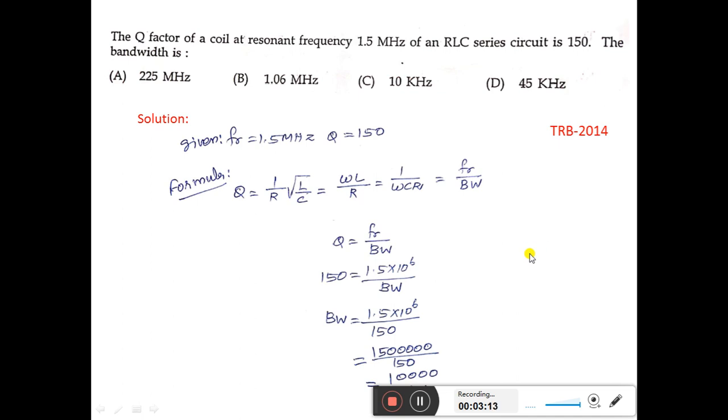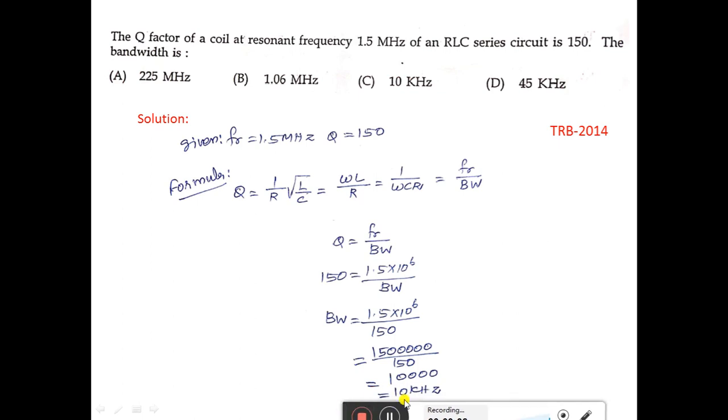It is difficult to calculate in floating point, so I converted that into normal form. If I change 1.5 into 10 power 6, this becomes 15 lakhs divided by 150, and you will get 10,000. So 10,000 means 10 kilohertz. So our answer is option C.